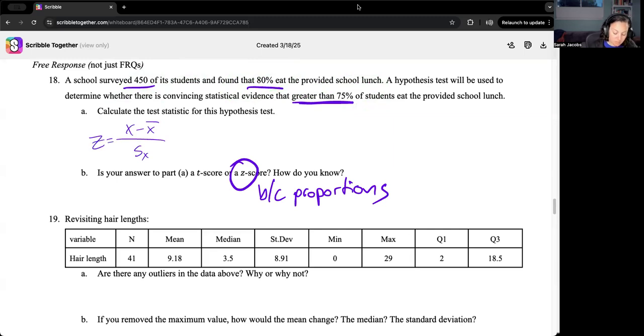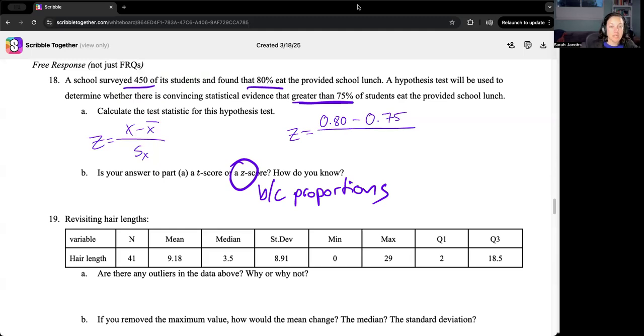In this case, because it's a test statistic, there's some unknowns. Our z-score is going to be the actual, which is the 80%, minus the expected, which is 75%, over the standard error.